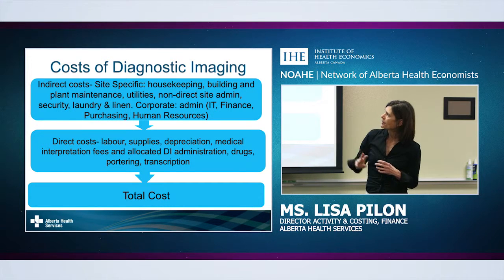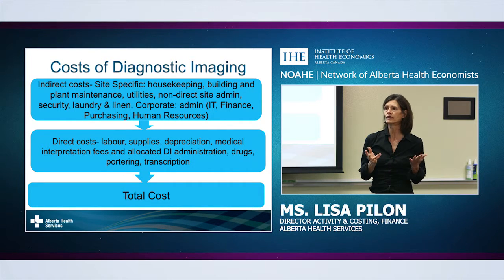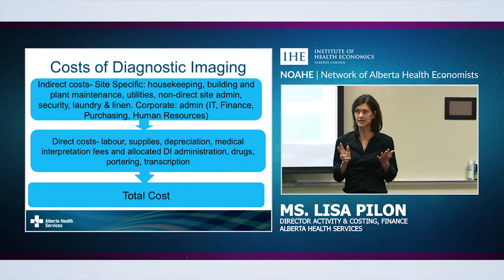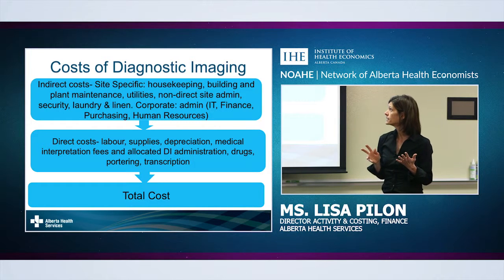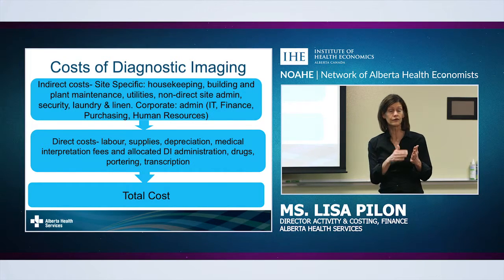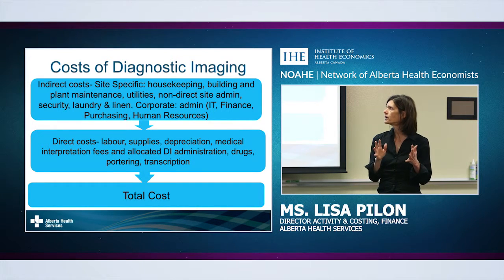Then at the top, we have what we call indirect costs. There are really two sets of indirect costs. There are site-specific costs, and those would be things like housekeeping and building plant maintenance. They're at the site, but they don't directly influence when you actually do the test, so we call them site-specific indirect.